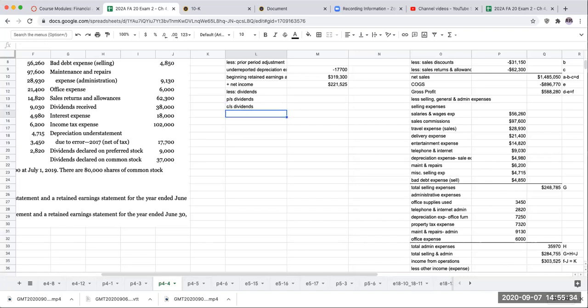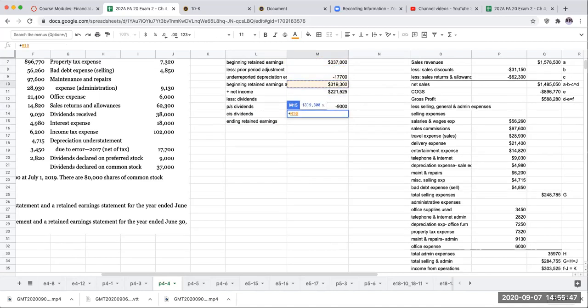Remember, it doesn't matter if it's been paid, it's just a matter of whether it's been declared. Okay, so my ending retained earnings is going to be my as adjusted balance plus the net income minus the preferred dividends less the common stock dividends of 494,825.